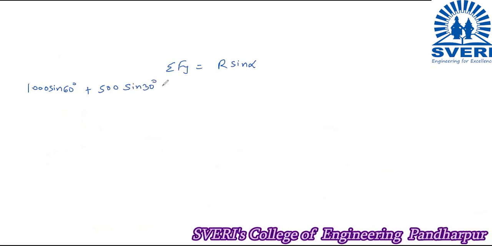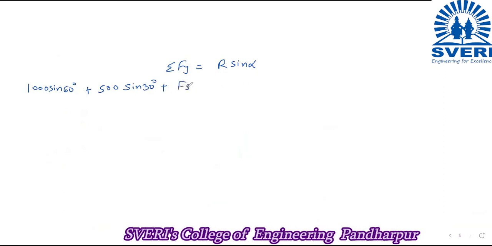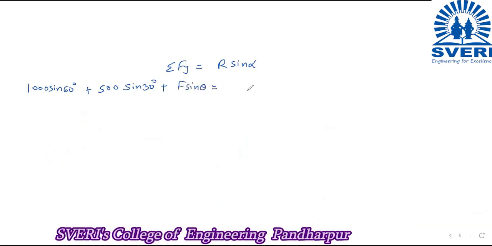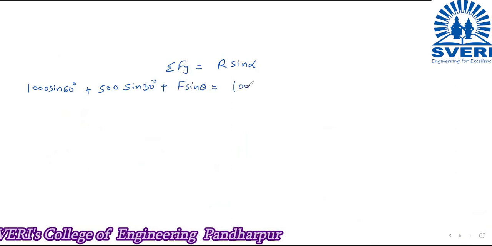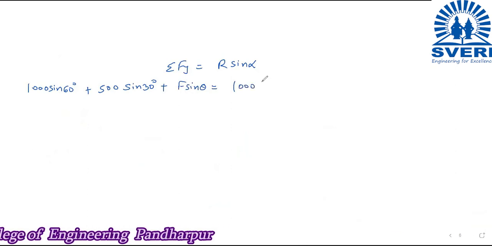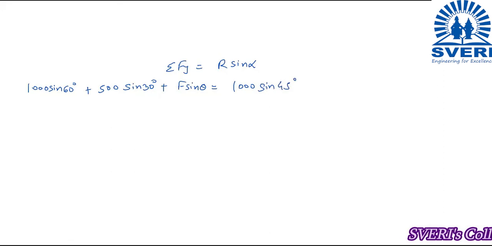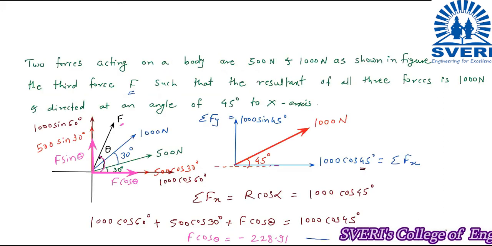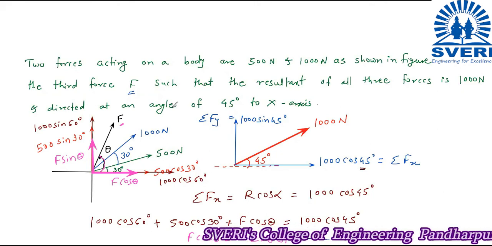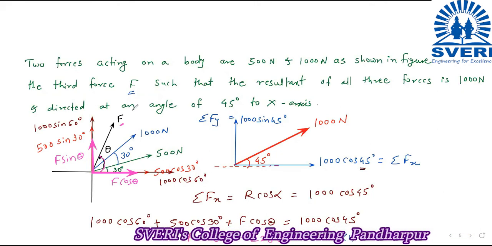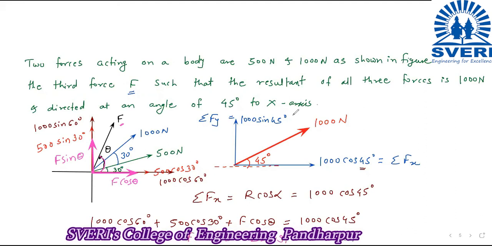1000 sin 60 plus 500 sin 30, then plus F sin theta is equal to 1000 sin 45, and it is moving towards the right direction at an angle of 45 degrees with the x-axis.